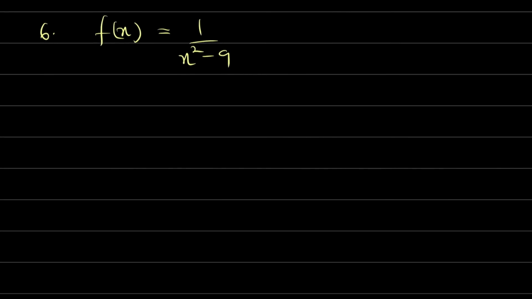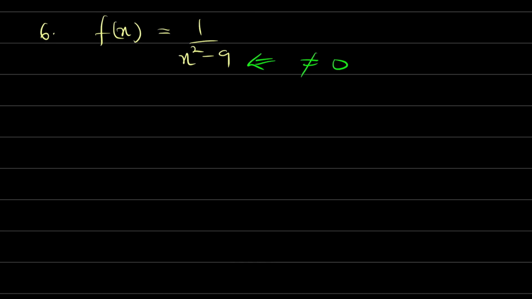The next question is question number 6, which says find the domain of the function f of x is equal to 1 over (x squared minus 9). To solve this question, we will need to set this denominator not equal to 0.